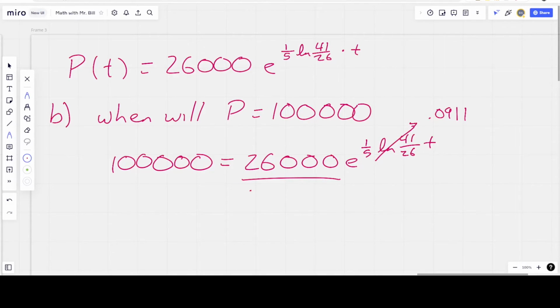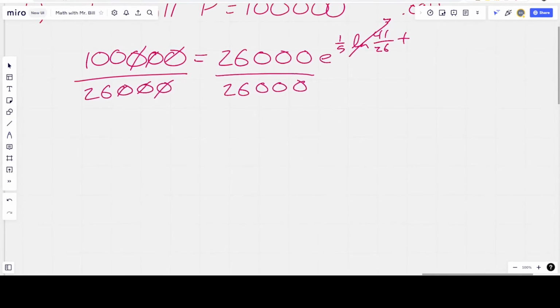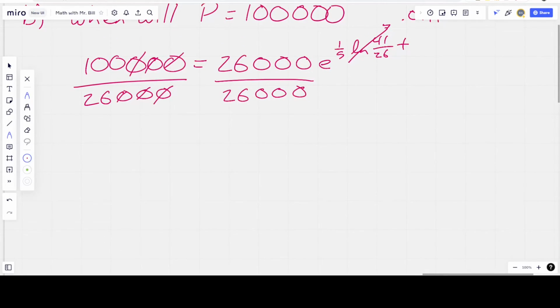So we're going to divide both sides by 26,000. And we're going to lose some zeros here, which will be good. And then we're left with 100 over 26, which we could reduce to 50 over 13. Make it a little bit better.